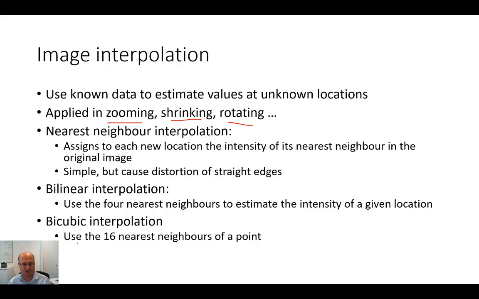One of them, the simplest one, you just assign to each new pixel that I don't know the value of the intensity of its nearest neighbor in the original image. It's simple, but may cause distortion at straight edges, right? Where the nearest is nothing at the edges of the image, and you have to guess the value of this pixel given this guy that doesn't exist, that falls into the vacuum of nothingness, right?